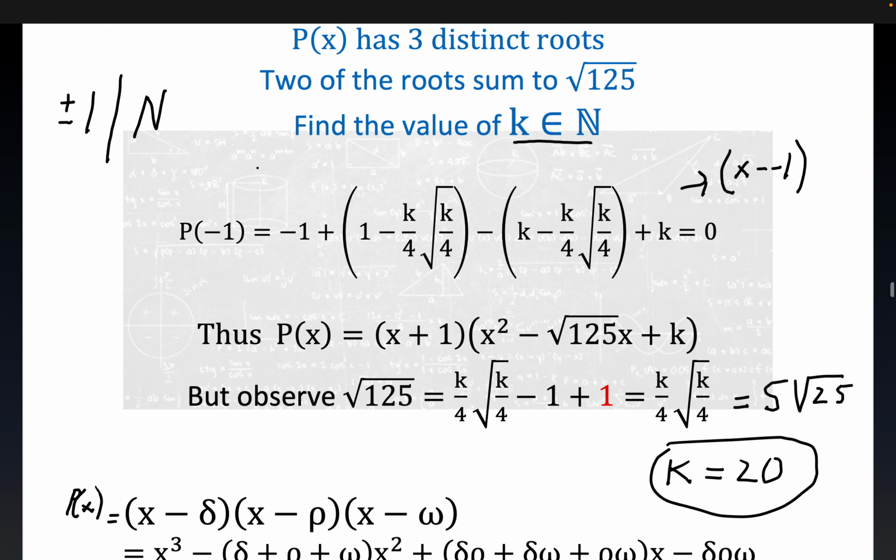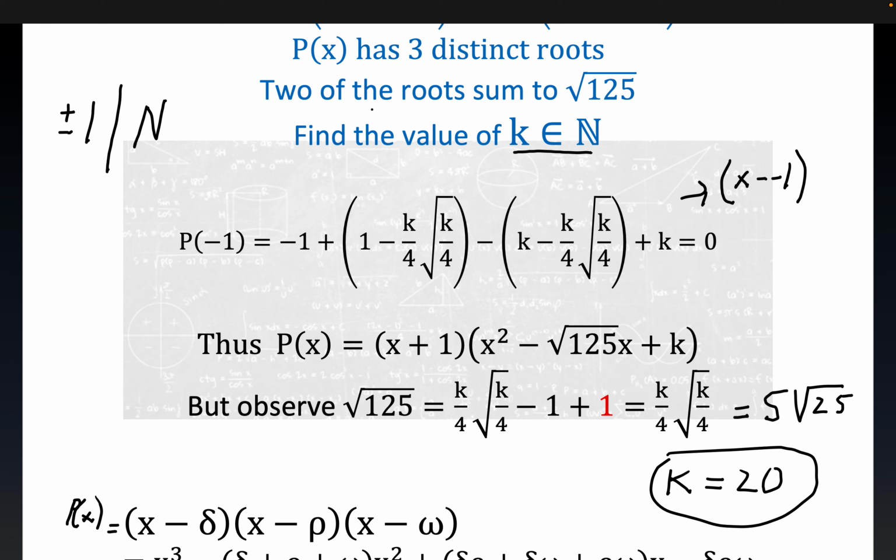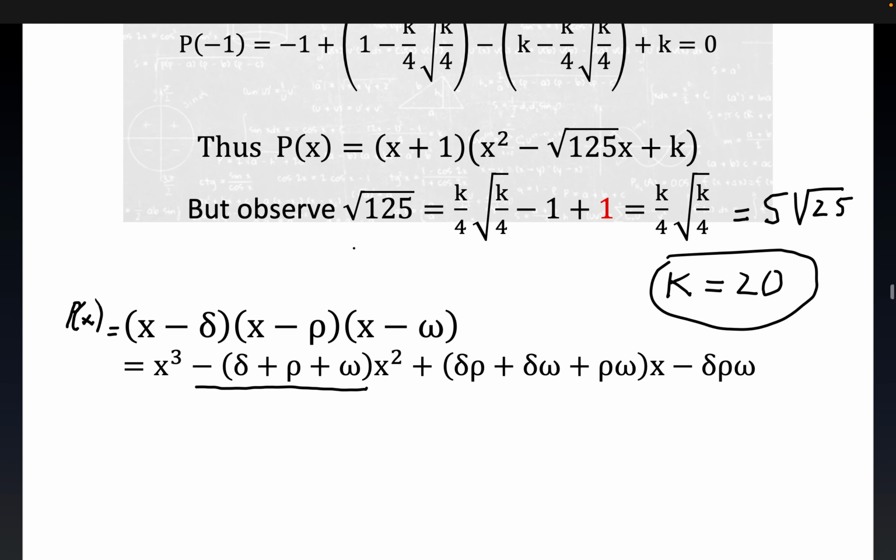I think if you didn't discover that -1 was a root, you might be able to get by equating all the roots. You could equate them here. I don't know how far you would get or whether it would come out nicely, but you do know that the sum of two of them is the square root of 125. So if you didn't notice that -1 was a 0 of p of x, you still might be able to solve the problem.